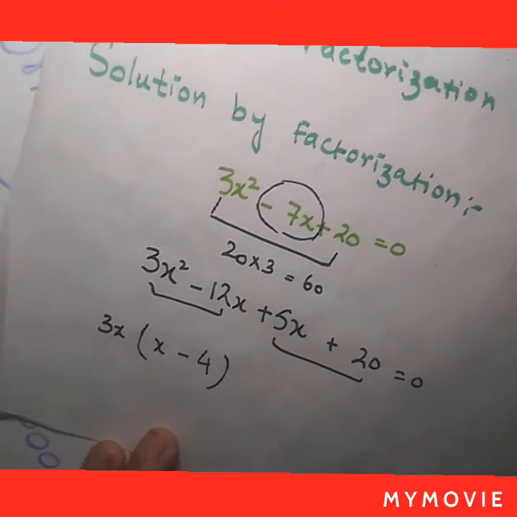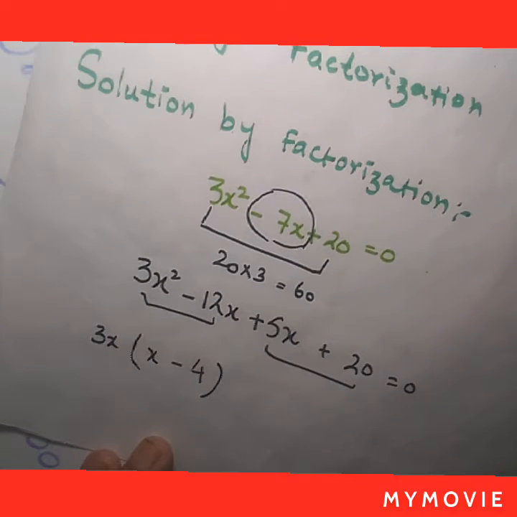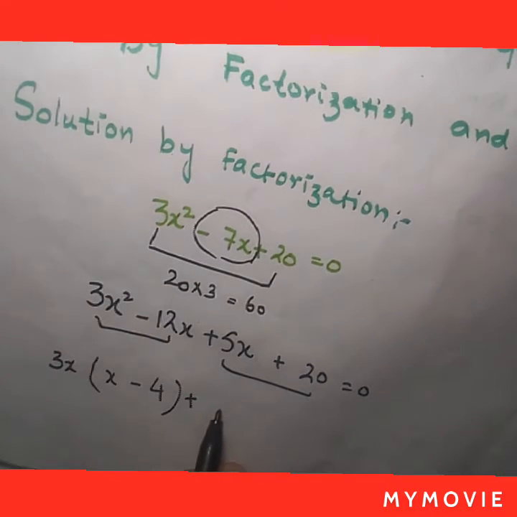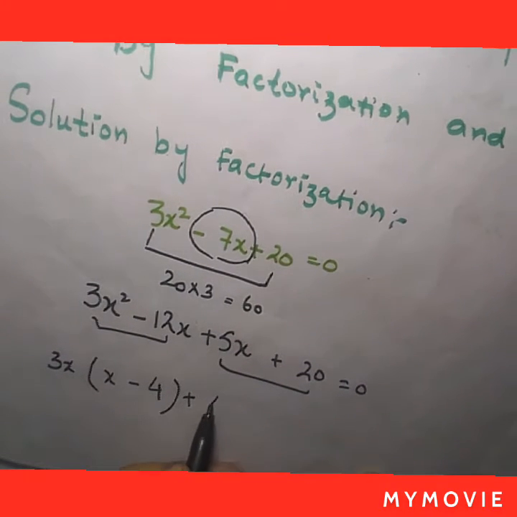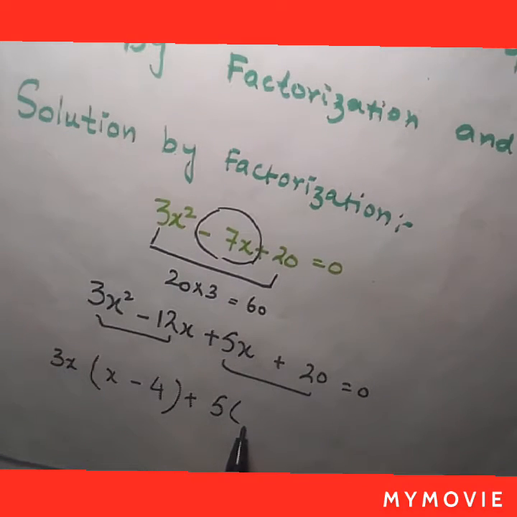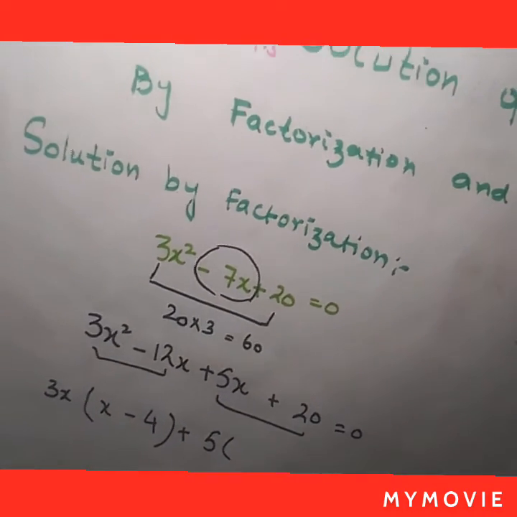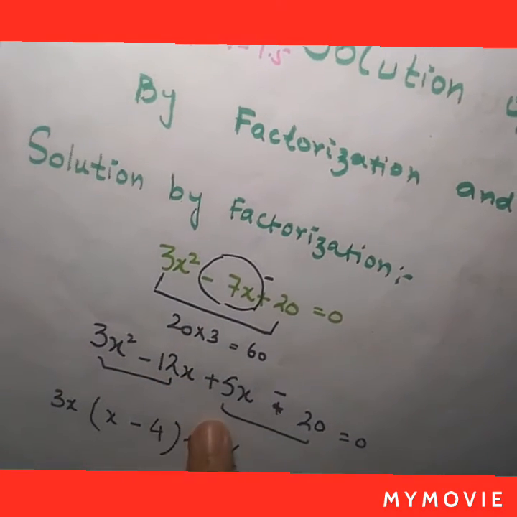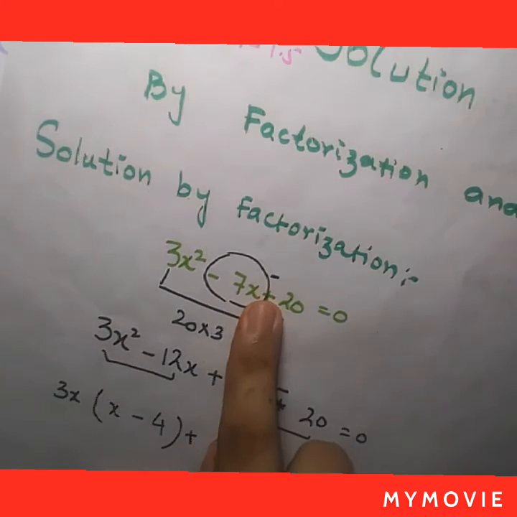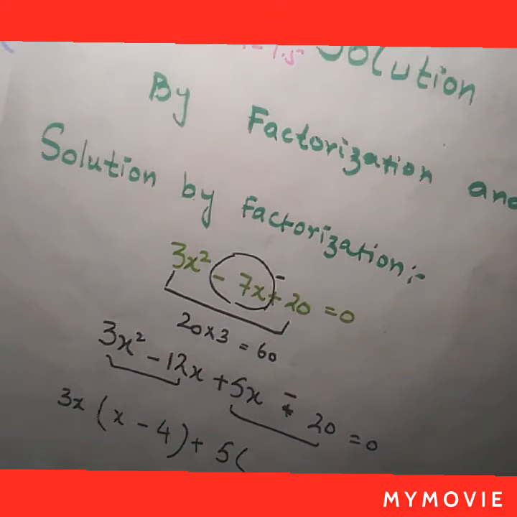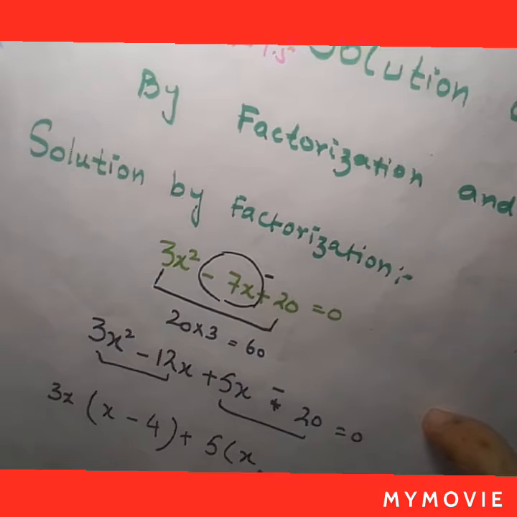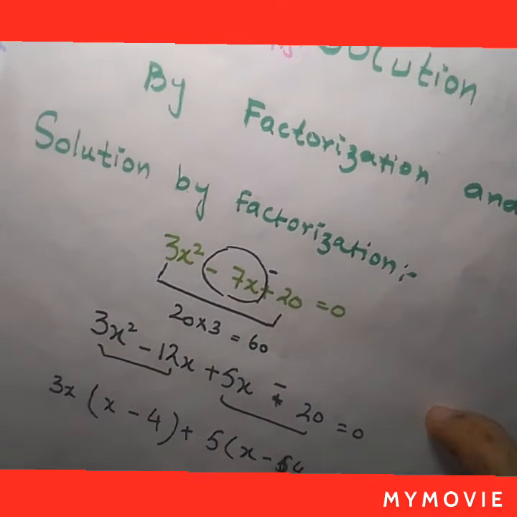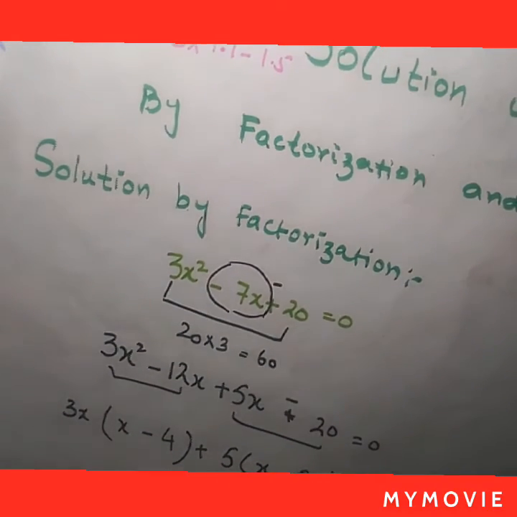There is no change in the equation when you take something common from it. And in the next two terms there is a common minus 5, so minus 5 times x minus 4, because minus 5 times minus 4 gives plus 20. Minus 12 times minus 5 is 60.